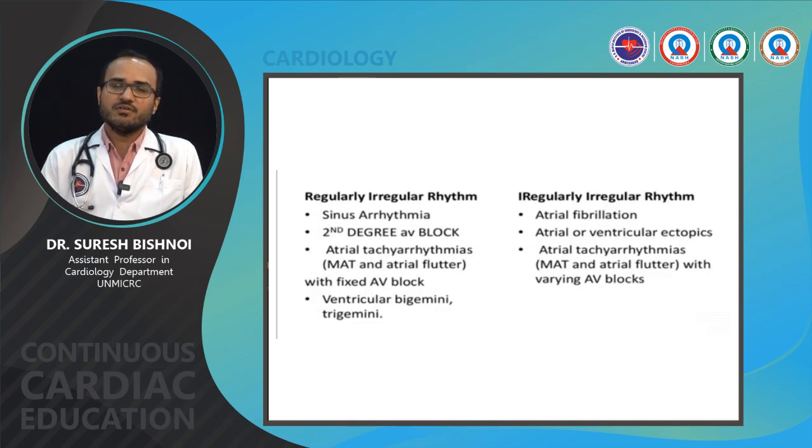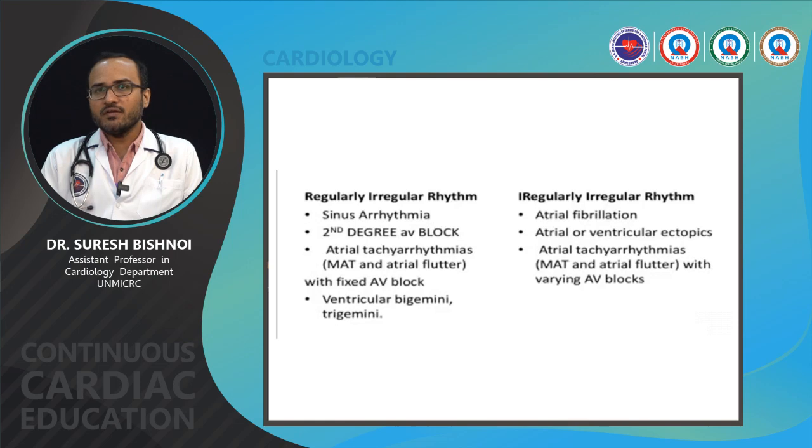The most common in young patients is sinus arrhythmia, then second degree AV block, then atrial tachyarrhythmias like multifocal atrial tachycardia and atrial flutter when associated with a fixed AV block. Or in case of ventricular bigeminy or trigeminy, you also get a regularly irregular rhythm. In case of bigeminy, it is alternate pulse; in case of trigeminy, after every 2 pulses you get the irregularity.